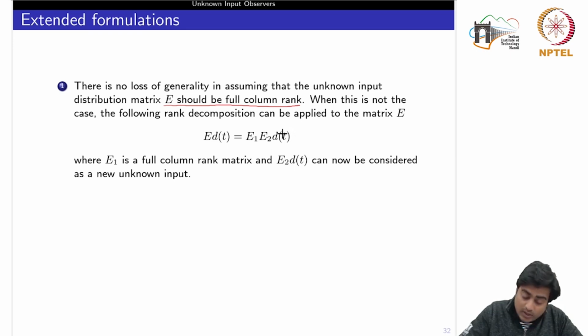So in my new formulation I can write this as E1 with some variable v bar, where v bar becomes my E2 d(t), and this v bar is now my unknown vector.